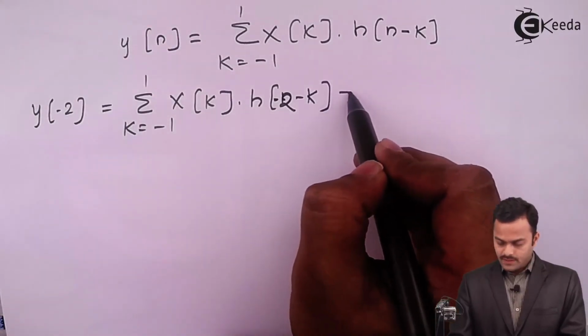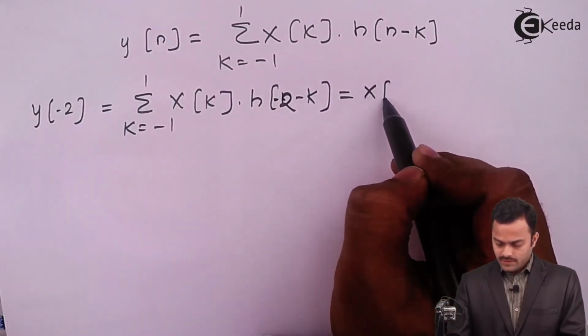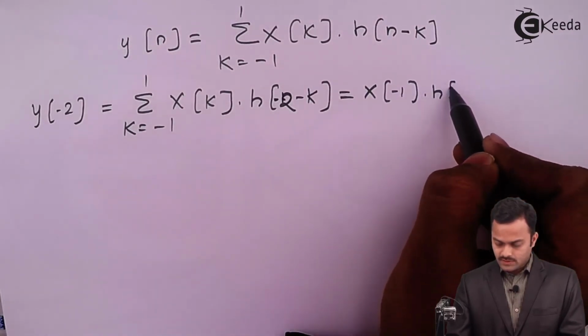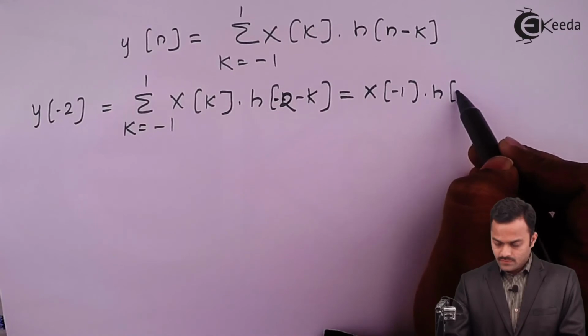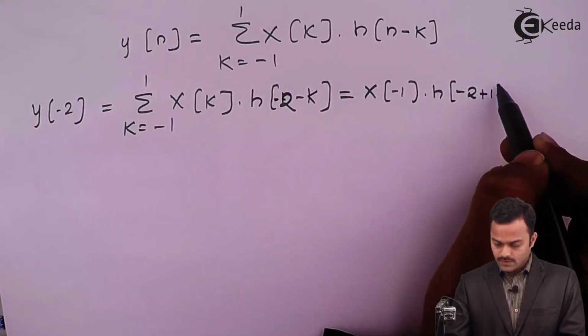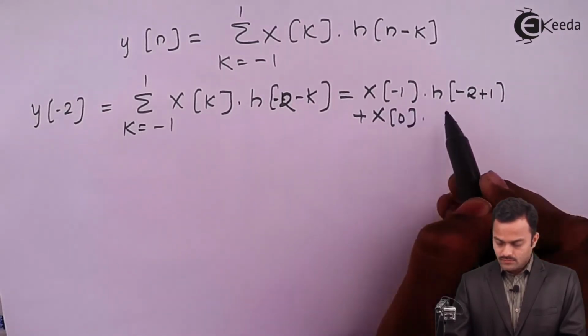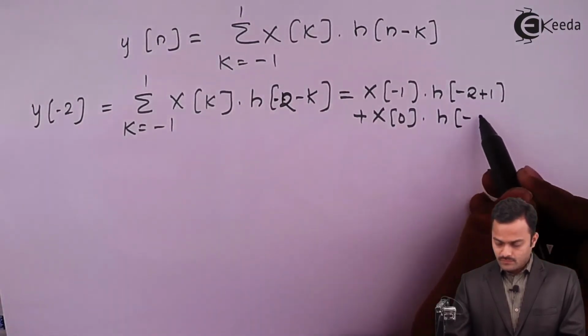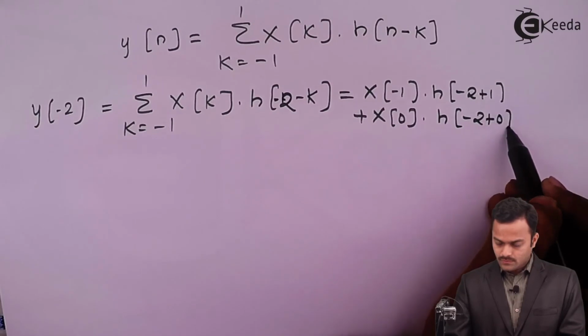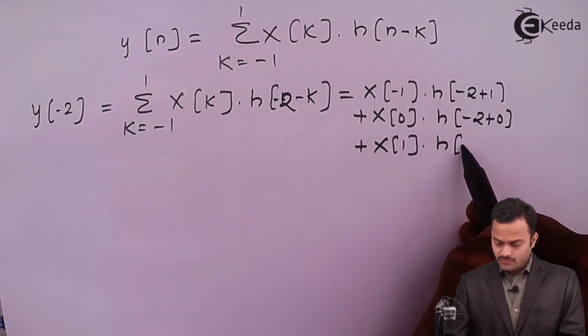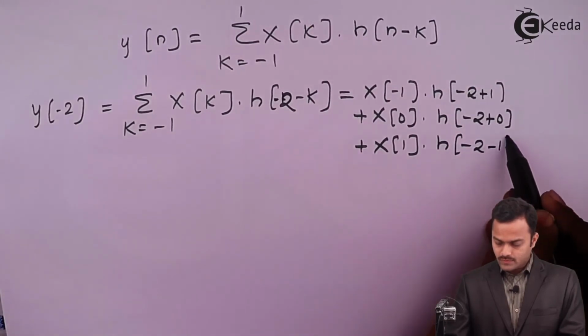If I simplify, I will get x of minus 1 multiplied with h of minus 2 plus 1, plus x of 0 multiplied with h of minus 2 plus 0, plus x of 1 multiplied with h of minus 2 minus 1.